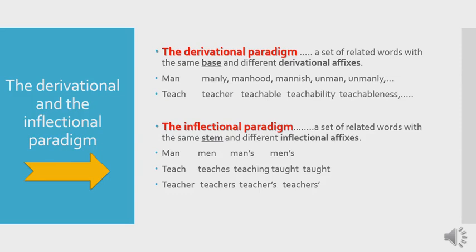For example, man, manly, manhood, mannish, unman, unmanly, etc. Each word in this paradigm consists of the base man plus a derivational suffix or a prefix. So these words constitute the derivational paradigm of the word man.